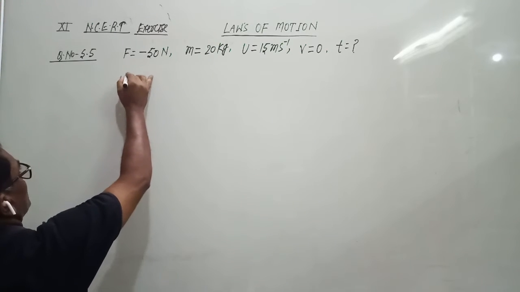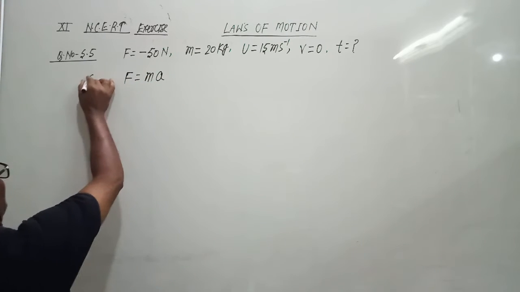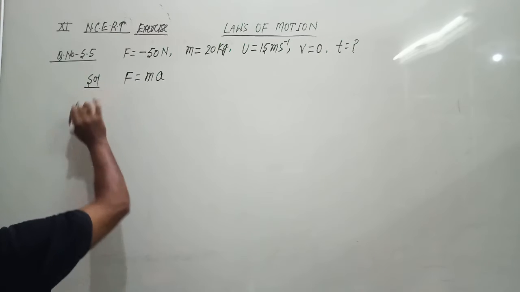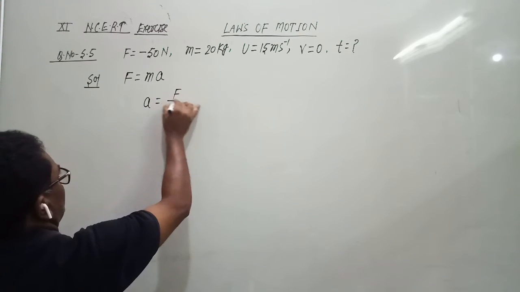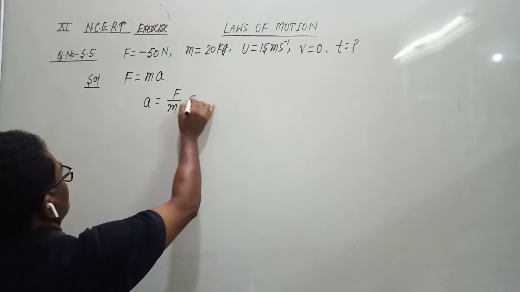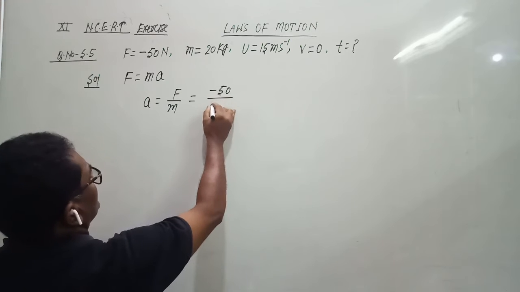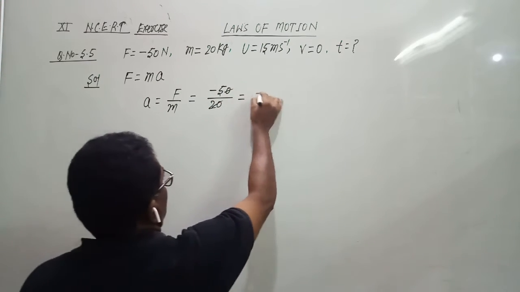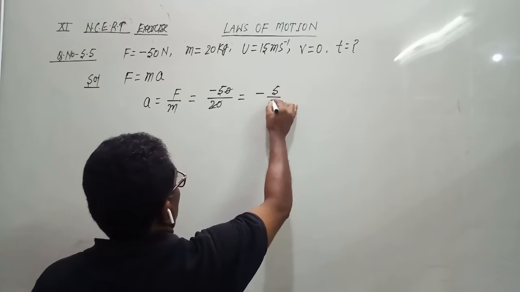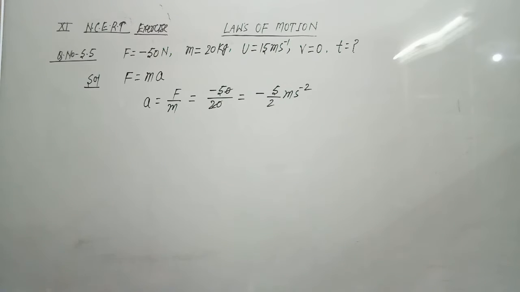From Newton's second law, F equals m into a, so a equals F by m. The force is retarding, which is minus 50 Newton, and mass is 20 kg. So the acceleration is minus 5 by 2 meter per second square.